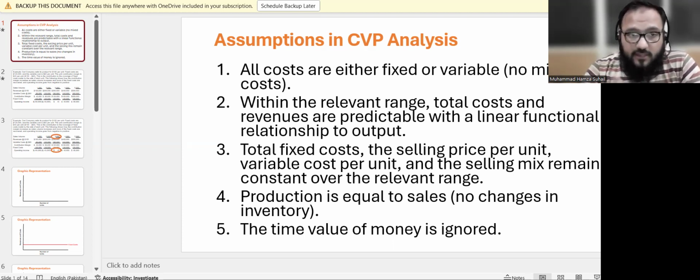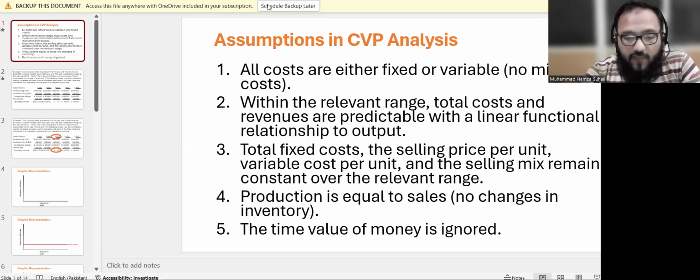Likewise, the cost can remain fixed if we have certain agreements signed with our contractors, with our suppliers. And this means that in the short run, those prices will not be changing. So in order to understand CVP analysis, we have to take these assumptions quite seriously.